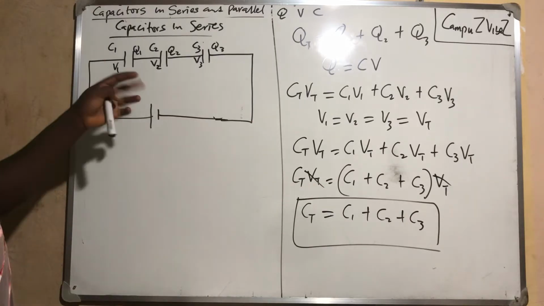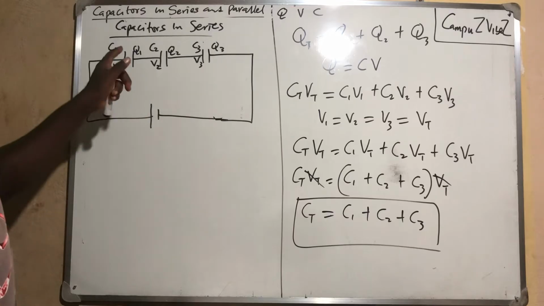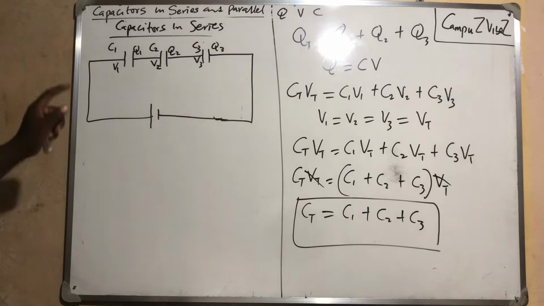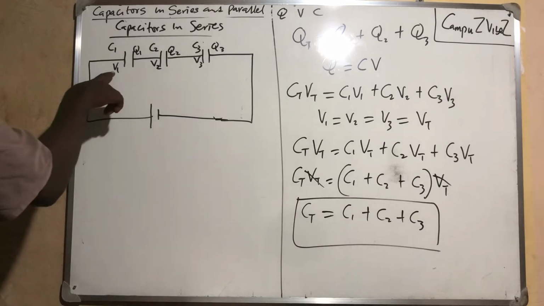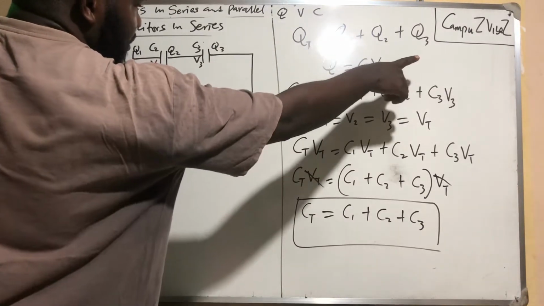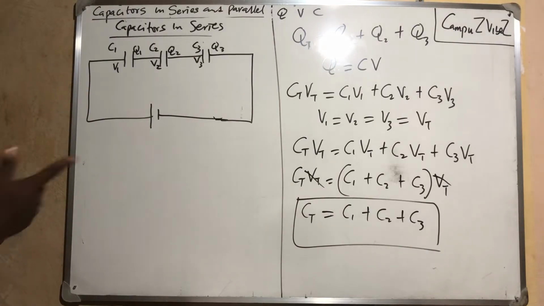So if the potential difference are the same for capacitors in parallel, then the charge are the same for capacitors in series. And I told you that the one that is not the same is what we use for our derivation. So since the potential difference here is not the same, we use potential difference to derive it.